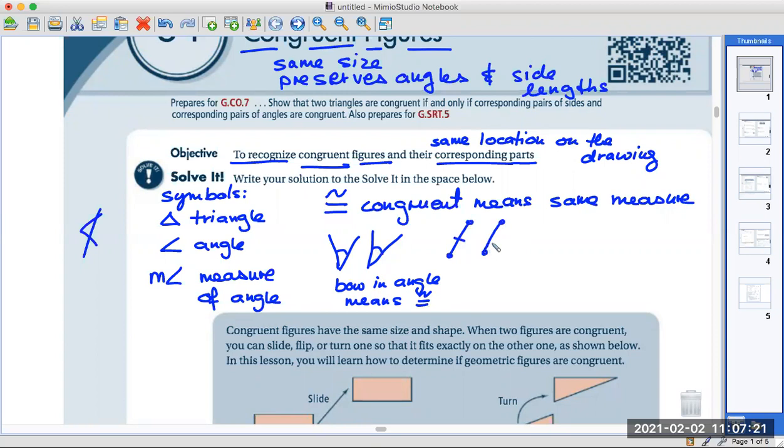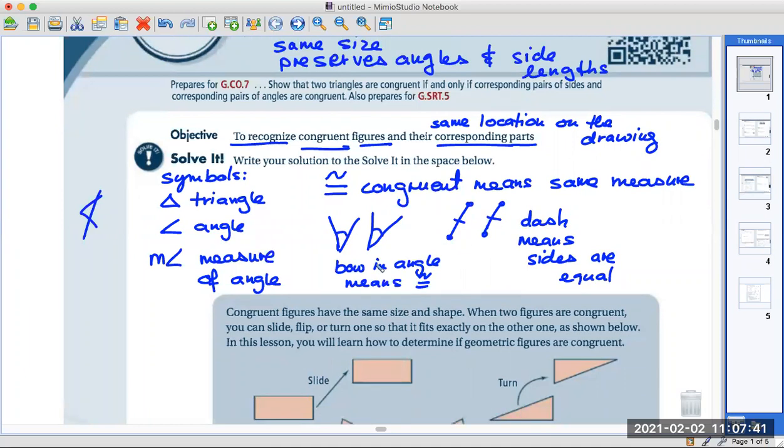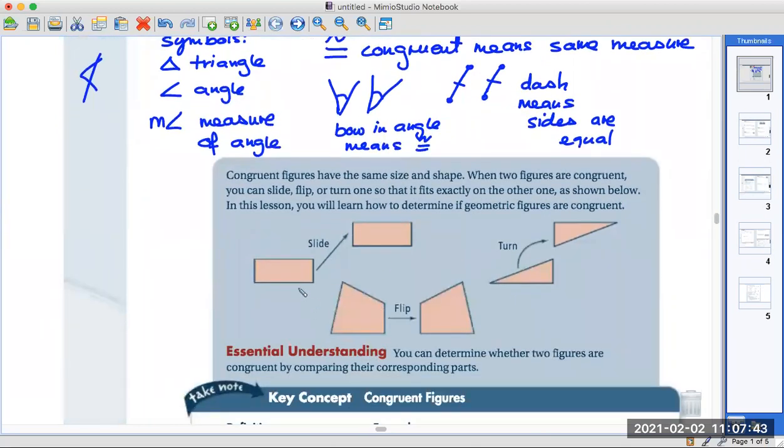So that means these two are equal. So dash, I'll call it dash, means sides are equal. Okay, bows and dashes.